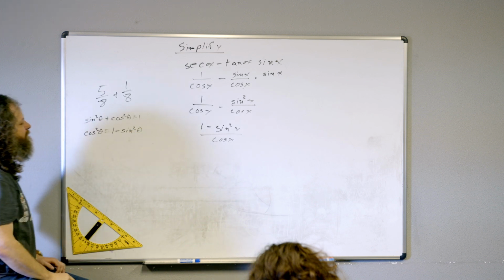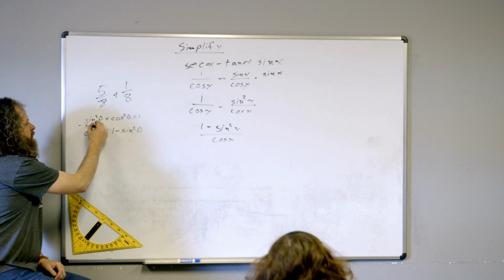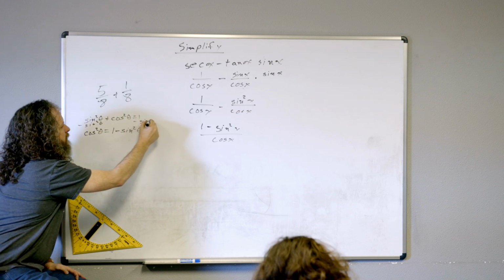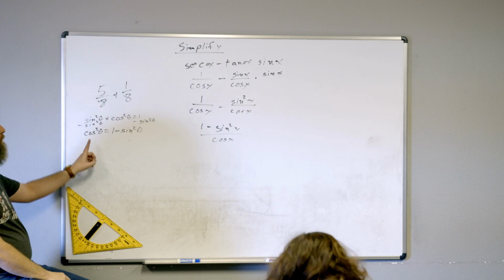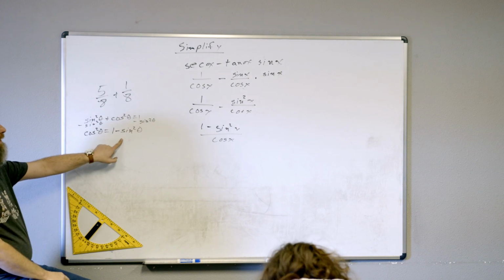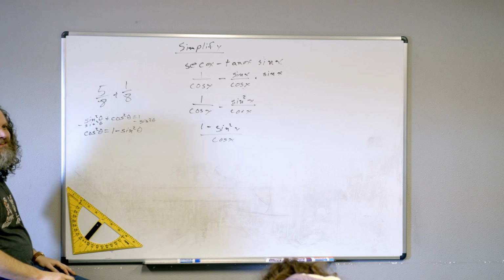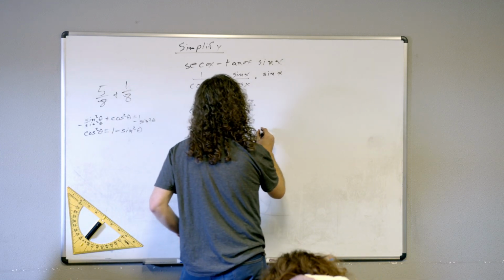I subtracted sine squared from both sides over here. Cosine squared equals 1 minus sine squared. That matches. Cosine isn't squared in what we have, but this matches.